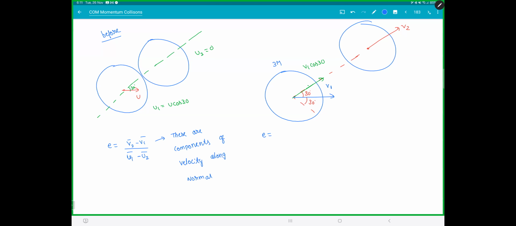Therefore, E is equal to v2, in place of v1, v1 cos 30, u1 minus u2, in place of u1, u cos 30, and u2 is 0. E is equal to 1. So we have v2 minus v1 cos 30, root 3 by 2, is equal to u root 3 by 2. This is your equation 2.